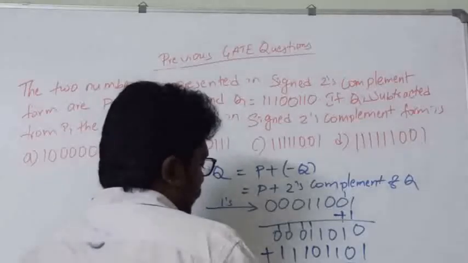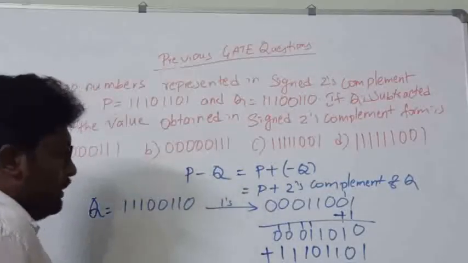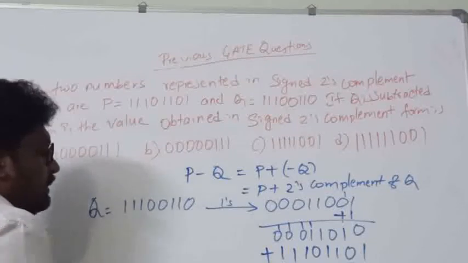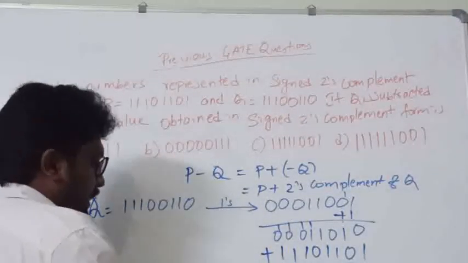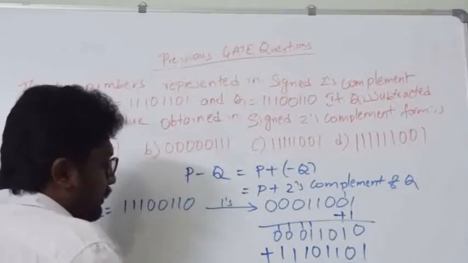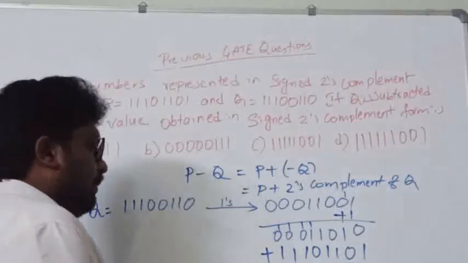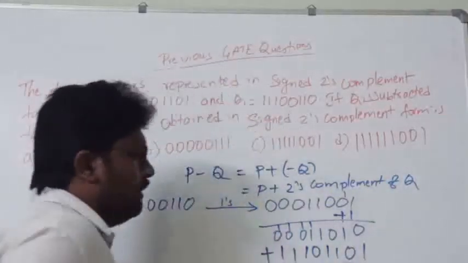So 0, and we have obtained the final carry. So we need to discard this carry. So we are discarding this carry. So the remaining digits will be our answer.